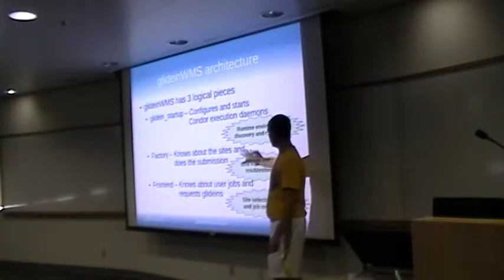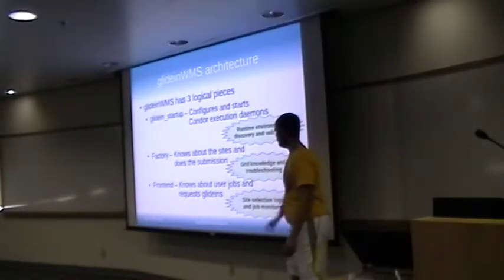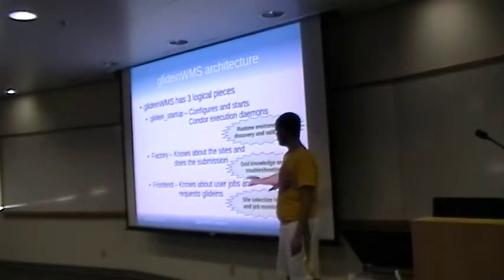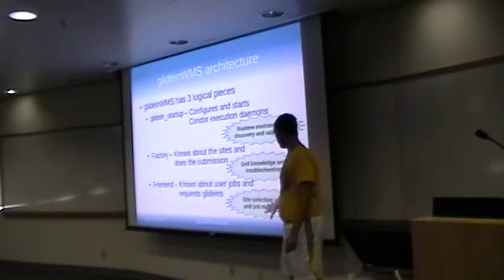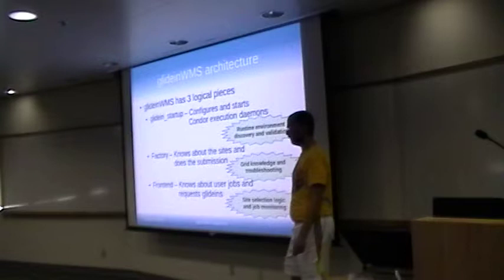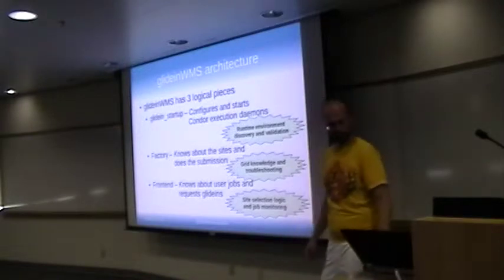So this is where the grid knowledge and troubleshooting resides in the glideinWMS. And then you have the front end, who knows about the user jobs and actually requests the glideins. And so it has the site selection logic and does the job monitoring. So these are the three main pieces of a glideinWMS system. And we will refer to this all along for the next 2 days.